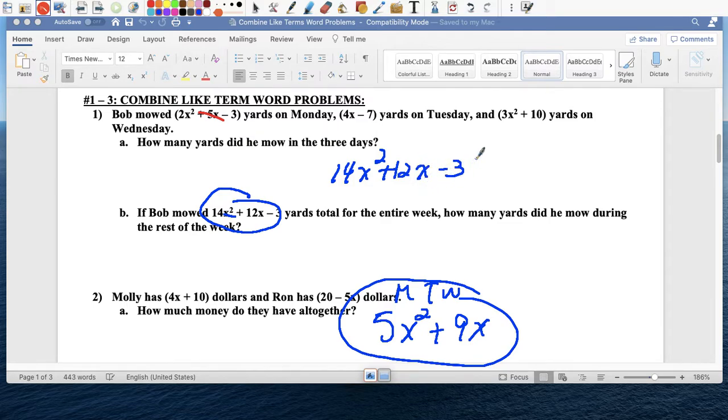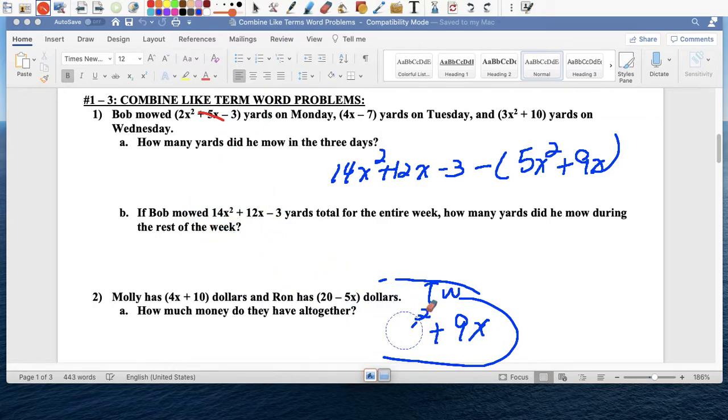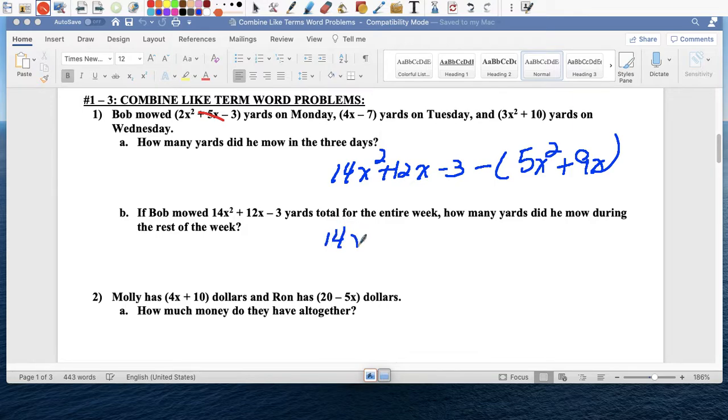So we're going to have to subtract what he did on Monday, Tuesday, and Wednesday, and whatever's left over is what he did on Thursday and Friday. This time the parentheses are really, really necessary. So we're going to pretend there's a 1 here.